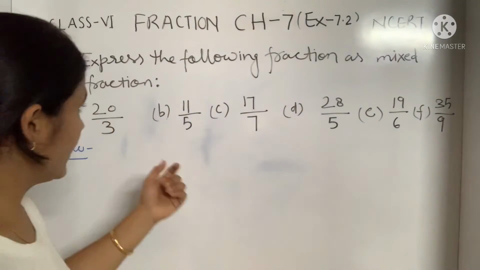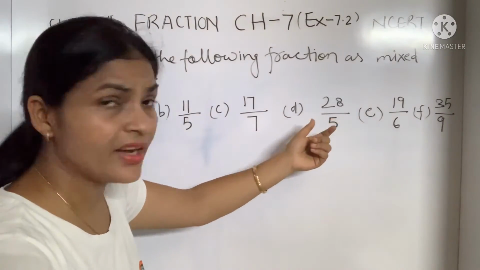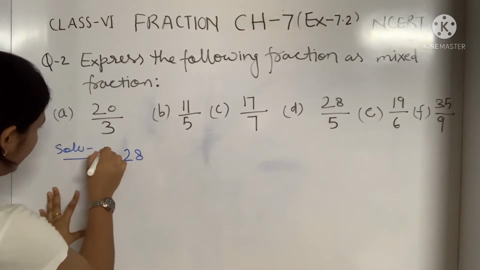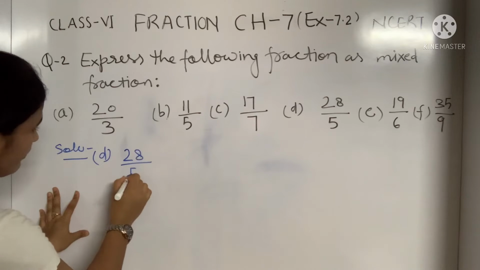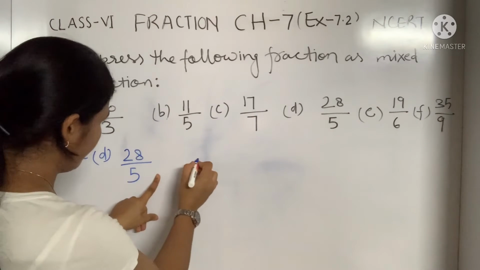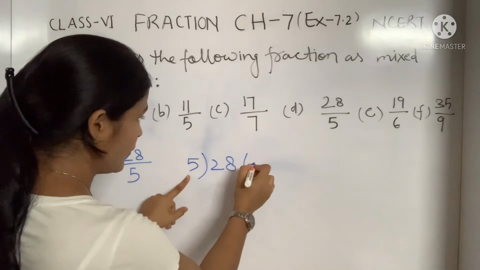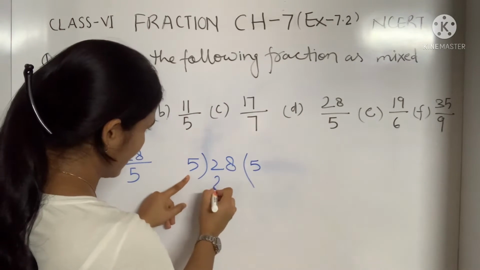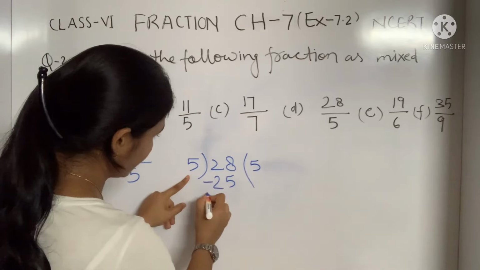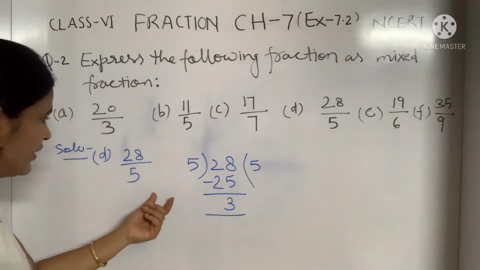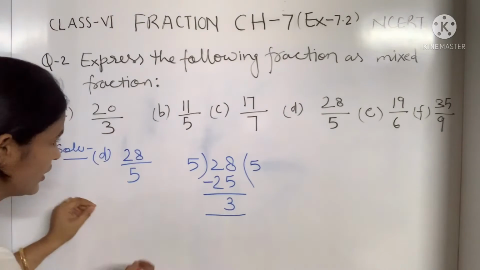In part D we have 28 upon 5. How can we solve this? 5 into 28. 5 5s are 25. It goes 5 times. We get 25 here. After subtracting we get 3 as a remainder. So I write this as a mixed fraction.